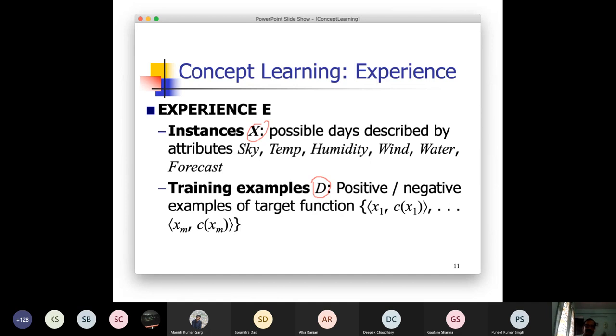Any element of the input space, or the input space itself. And the training example set is represented in this way, and each training example looks like this. That means you have the corresponding input value, the corresponding point in the input space, and the corresponding functional value, which is given in the form of yes or no in the case of the table. I hope this mathematical representation is clear to you.